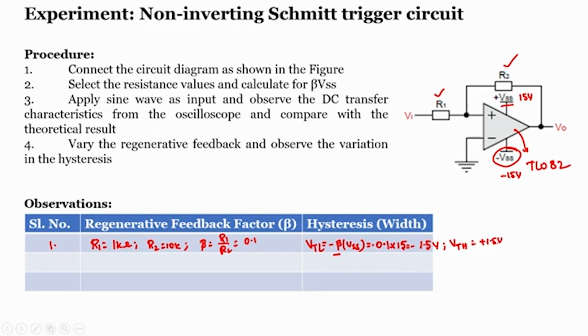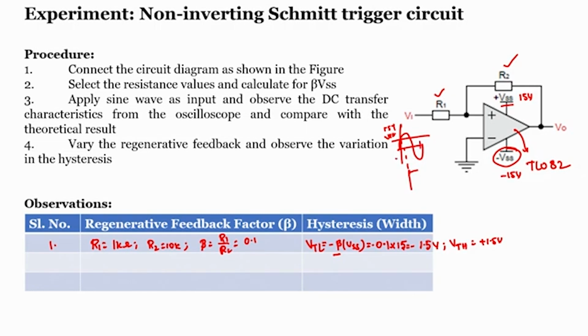If you recall the output characteristics of the non-inverting amplifier, when the input voltage we are applying is greater than this VTH, in this case 1.5 volts, then we will get high. Then again, till what time will it be high?